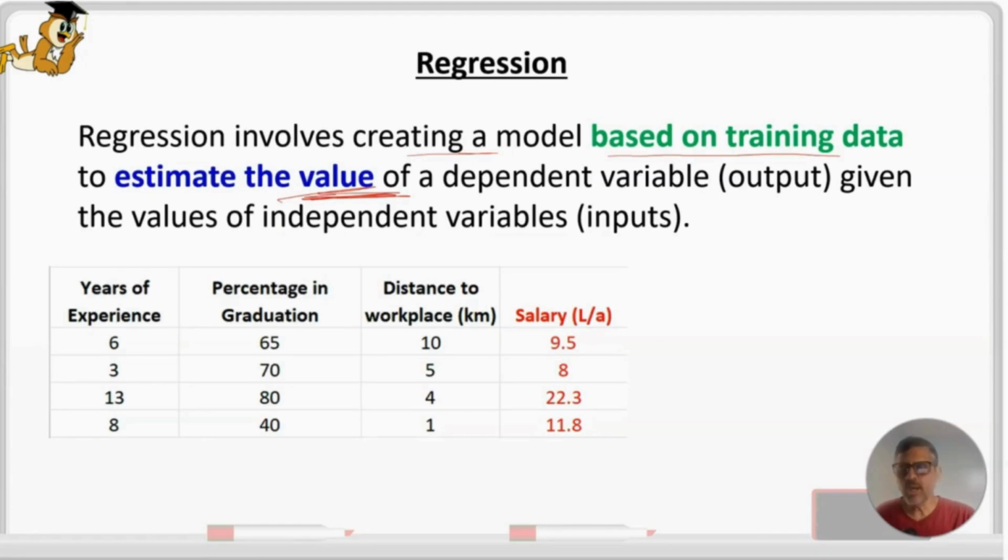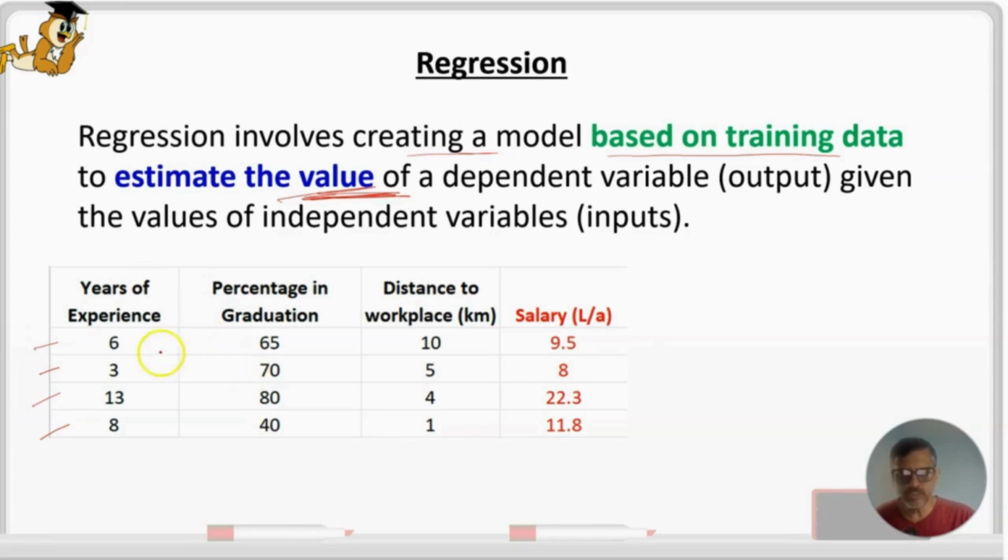Let us say you had three different variables: years of experience, percentage of marks during graduation, and the distance that the individual lives from the workplace. I have created a small table here of people. So this is person 1, person 2, person 3, person 4, and so on.